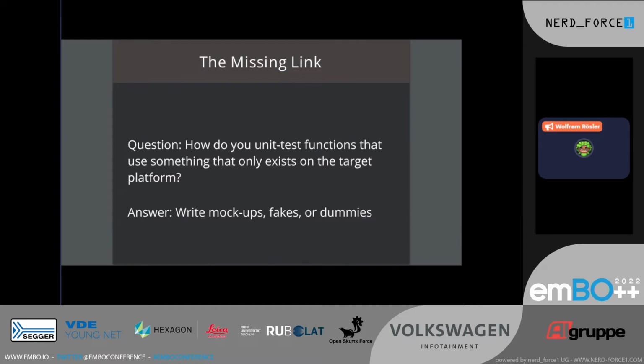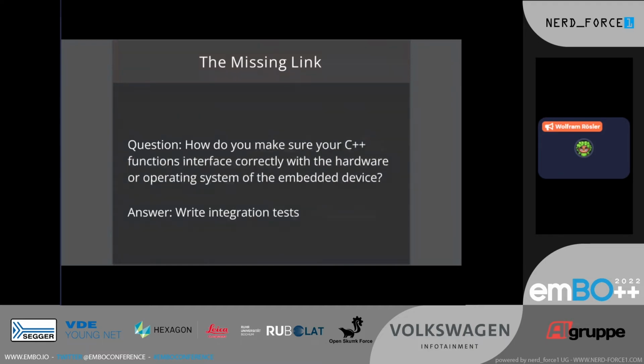Well, but doing all the mocking, how do you make sure your C++ functions interface correctly with the hardware and operating system of the embedded device, since you mocked away those interfaces? And also a question that has been answered before, and the answer is to write an integration test, which looks at your device from the outside.